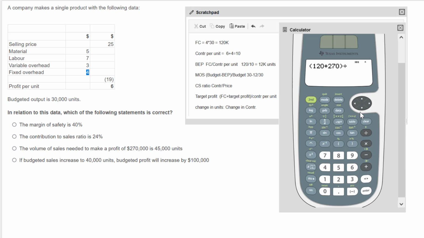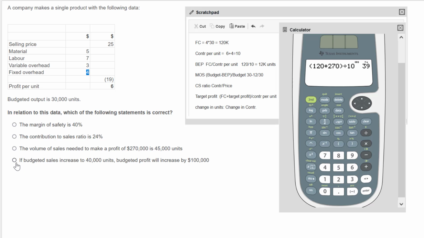And we know every time we sell a unit, we've got to cover the variable costs. So the variable costs are gone. What's left is contribution per unit. So we divide by contribution per unit, 10, and we get 39,000. So team, the third one is wrong.